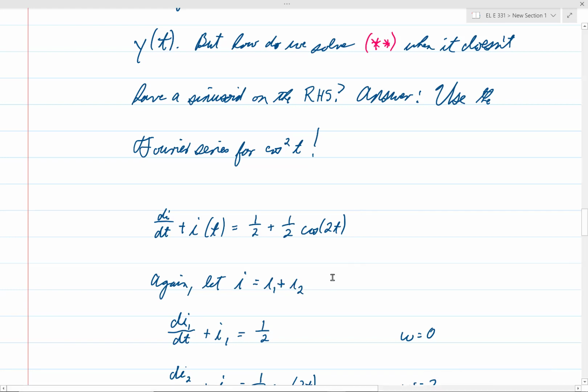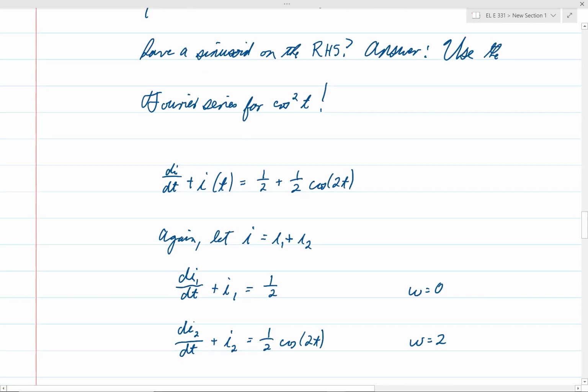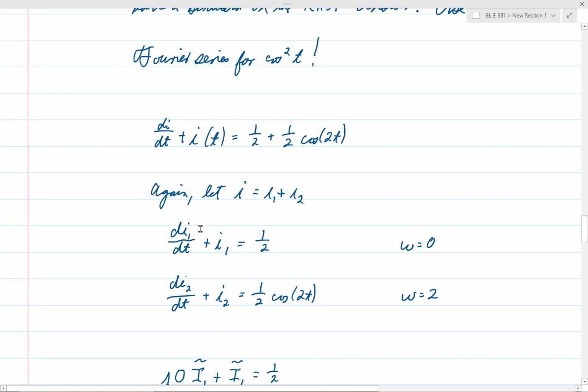So I is equal to I1 plus I2, where di1 dt plus I1 is 1/2, where this part of the source we will handle as one equation with I1 on the left, and then the part here we handle with I2 on the left. And notice the frequency in the first case is 0, and in the second case it is 2 radians per second.